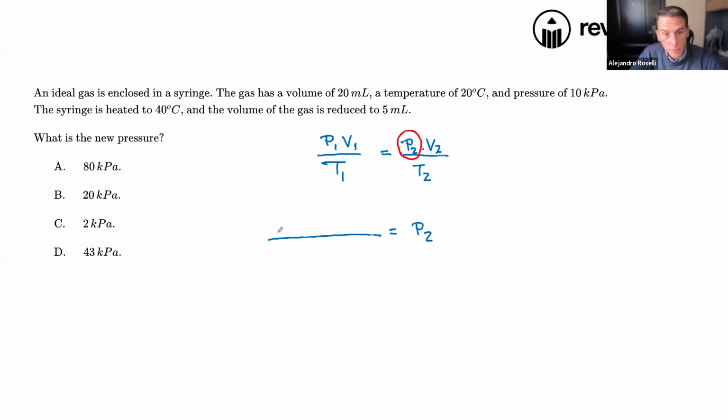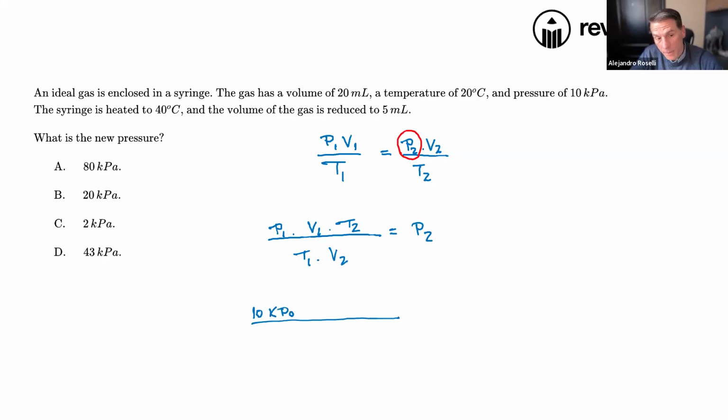So let's solve for P2. We'll get P1 times V1 times temperature 2 divided by temperature 1 multiplied by V2. Let's just put some numbers in now. Initial pressure, we have 10 kilopascals.